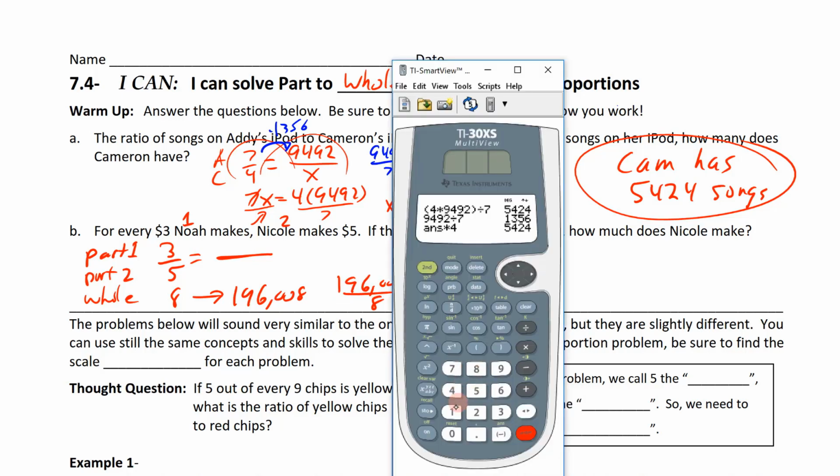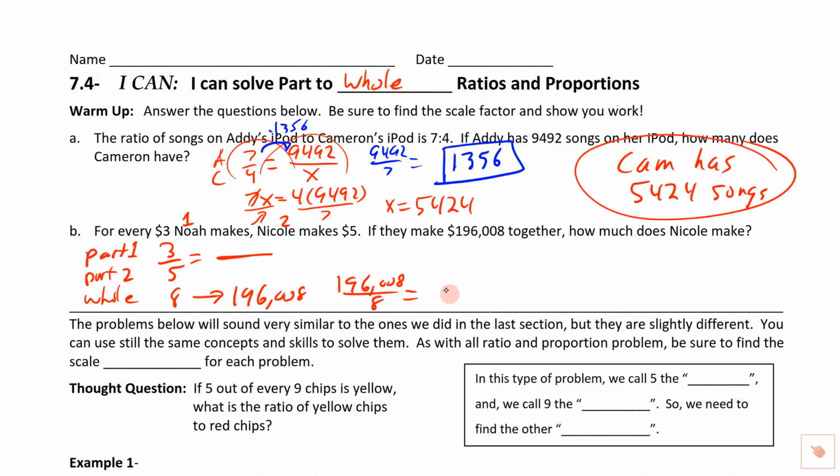So we're going to divide that by 8, and we get 24501. So 24501, that's the scale factor. Whoops, let me put a box around that so we can keep that straight. That right there is the scale factor.